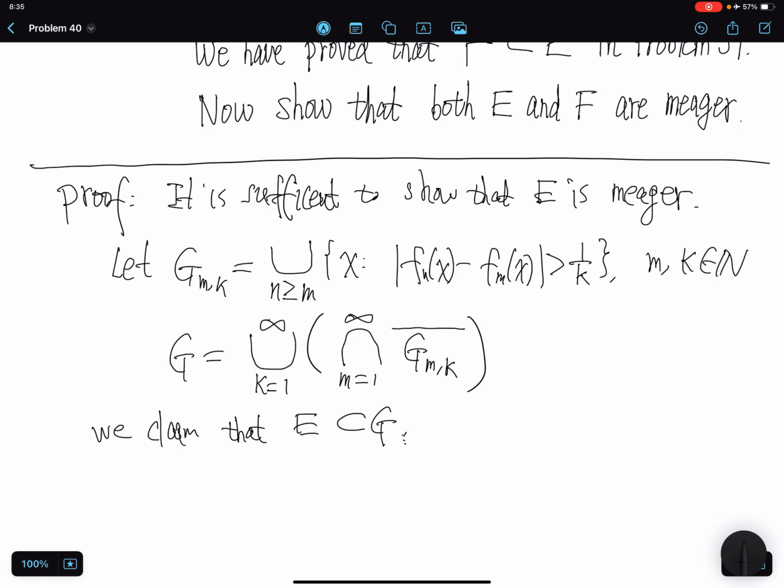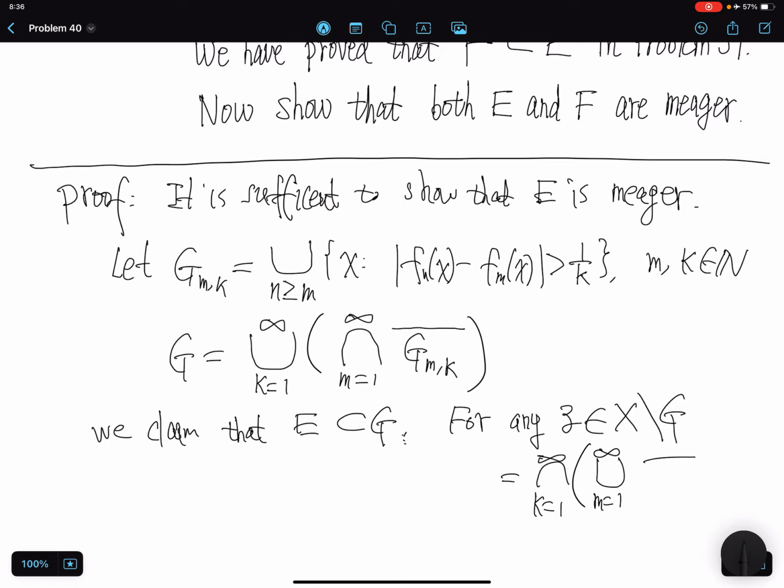So for this, we claim that E is a subset of G. Let's pick any z not in G. We just flip the union and intersection: the union over K from 1 to infinity, of the intersection over M from 1 to infinity, of the closure of G sub M K, and then take the complement.